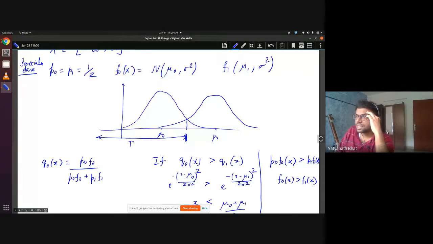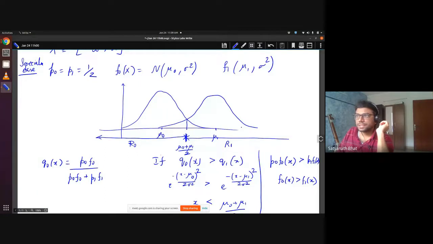We will call this R0. R0 is the region where the base classifier is going to report 1. And this is the region, it goes till infinity. This is R1. And this point is nothing but mu 0 plus mu 1 by 2, by symmetry, because the shape is exactly identical.